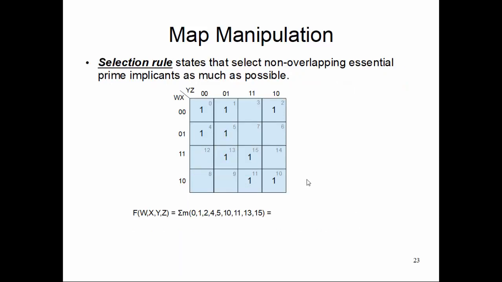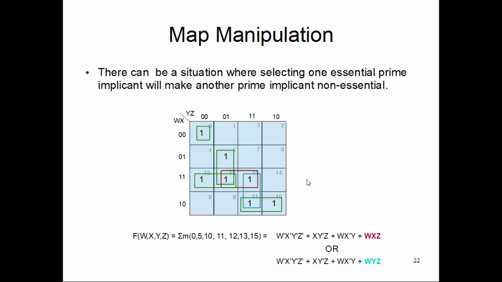At this point, let me tell you one thing about what we'll follow in this class. On the internet and in other math discussions, by definition they would say that your group 13, 15 or 15, 11 is not an essential group, and that your essential groups are all the other groups because they each cover distinct ones.